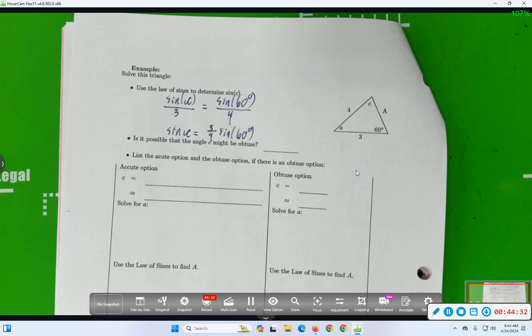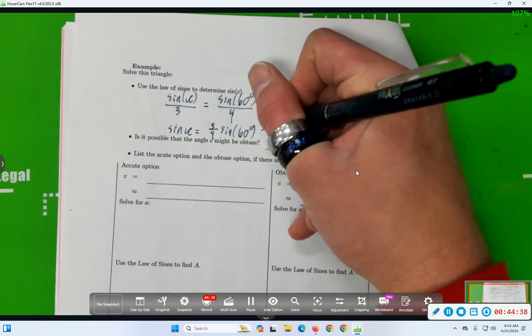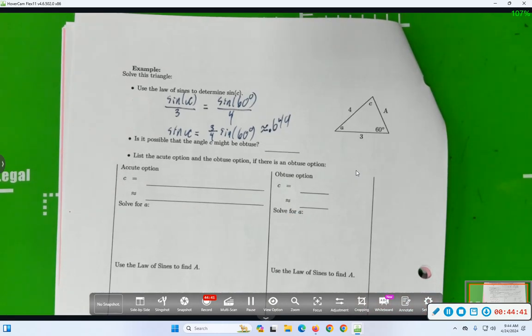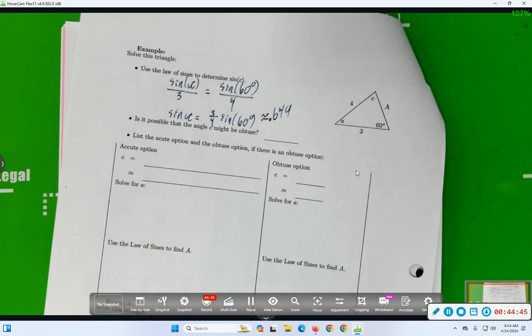It's less than 1. You got a decimal approximation, so tell me what it was. Nice. Less than 1. In fact, it's 3/4 of something that's less than 1, so it's going to be even smaller. So that's a valid output for sine, so there's going to be at least one solution.